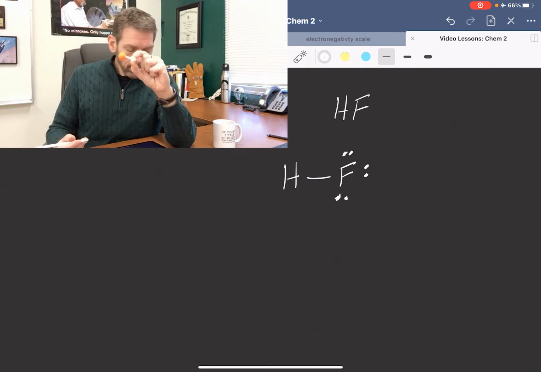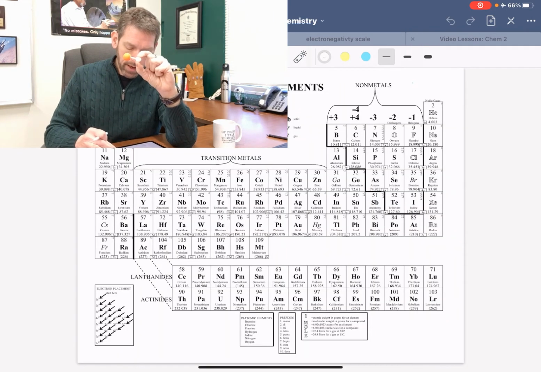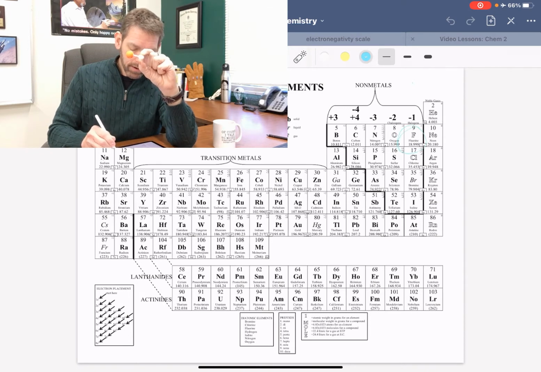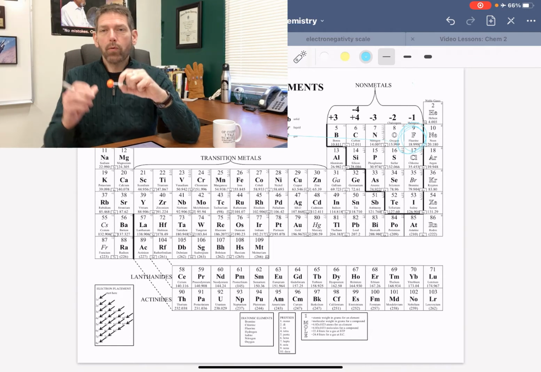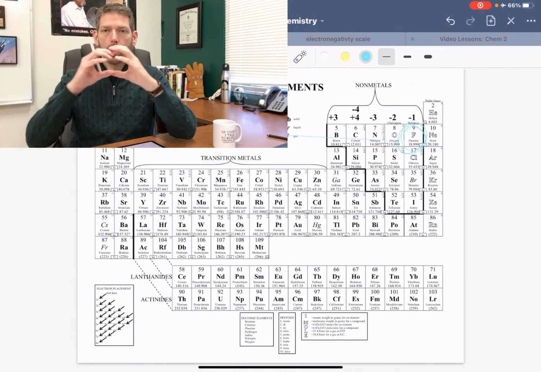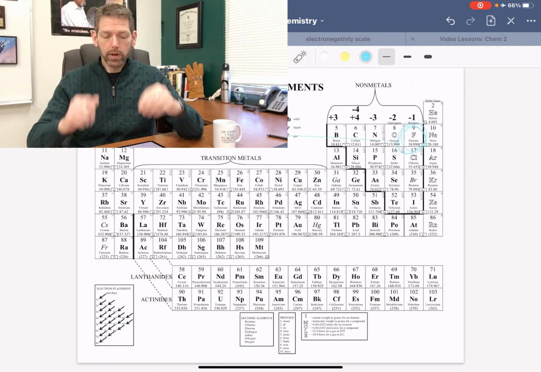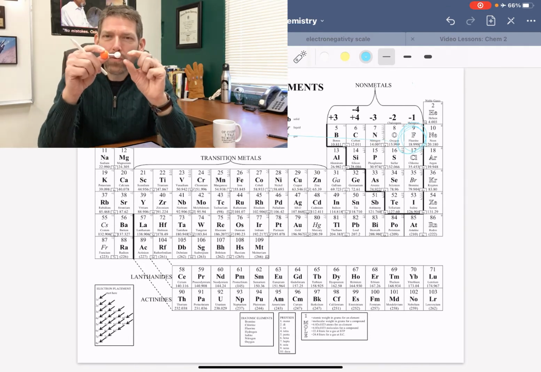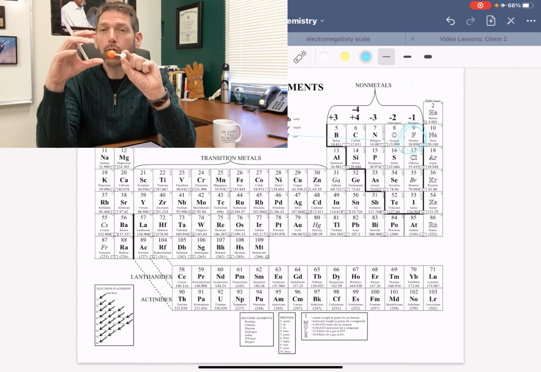So now let's think about this. If we go back to our periodic table and we look at fluorine, right? Fluorine over here in the second period. So there's 1, 2 orbitals, and the 7 valence electrons are in that second orbital, so we can envision, the way this is modeled, that the valence electrons are further away from the nucleus.